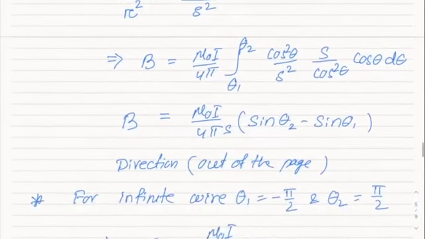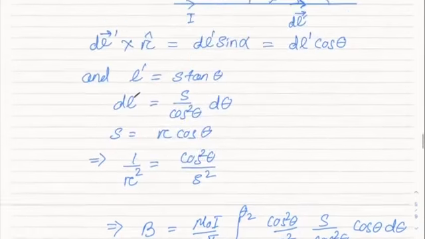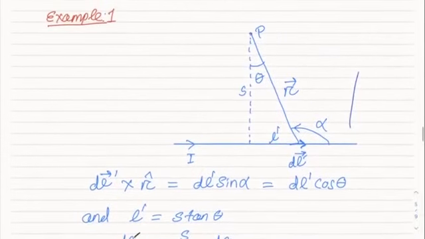For the direction, as I showed you, if P is on the top part of the wire, then it should be out of the page. Now imagine, instead of a finite wire, you elongate this to infinity.